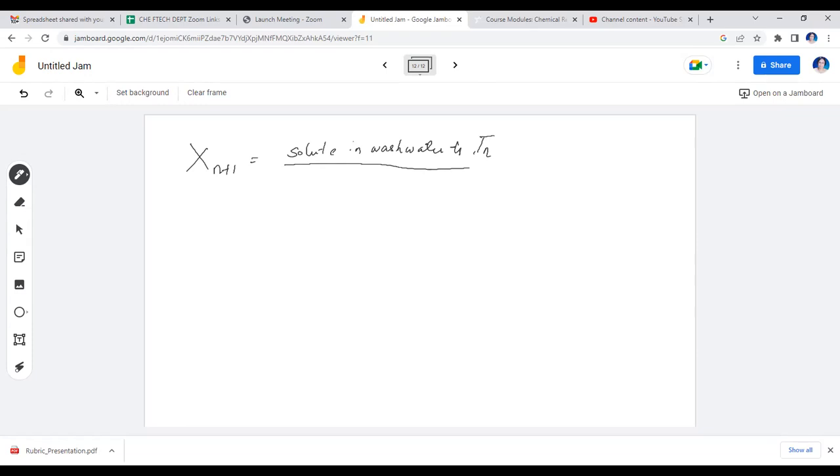Now, this is n plus 1, and you notice this is n. We know that n plus 1 is coming from the stage after stage n. So that is why we have here solute in wash water to thickener n, because the wash water that is fed to thickener n came from the thickener which is labeled generally as n plus 1.